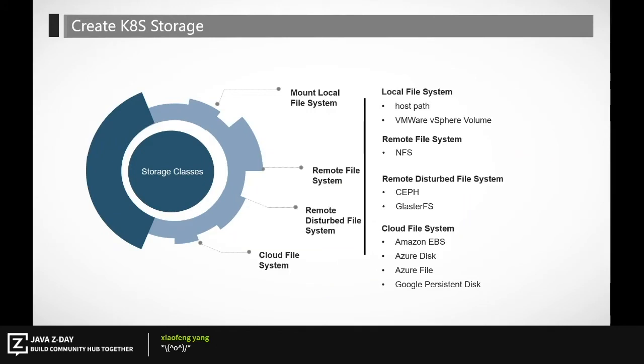How to create Kubernetes storage. I will show it later in the demo, but let's introduce these 4 kinds of storage one by one. First is the local file system. The local file system supports host path and VMware vSphere Volume, and it's very easy for us to use.